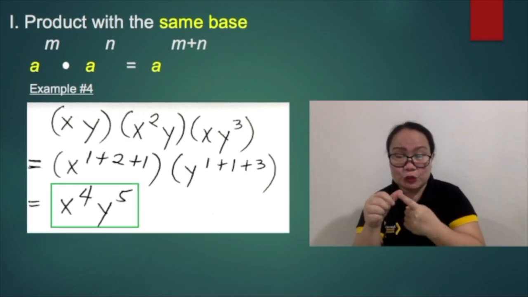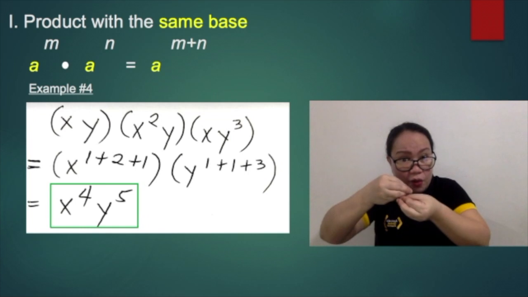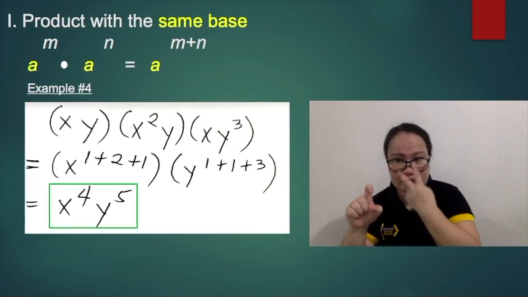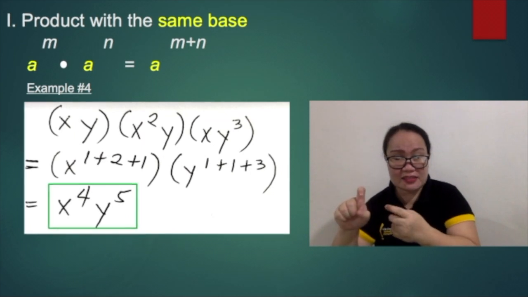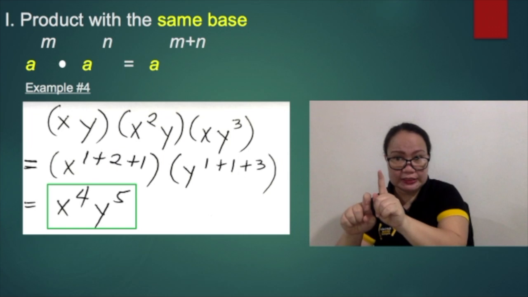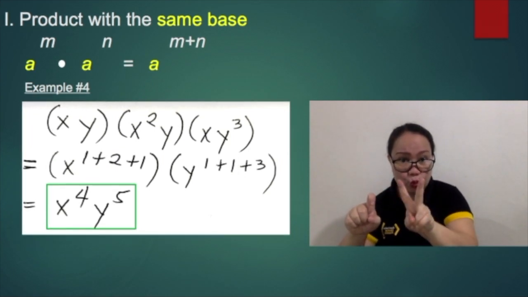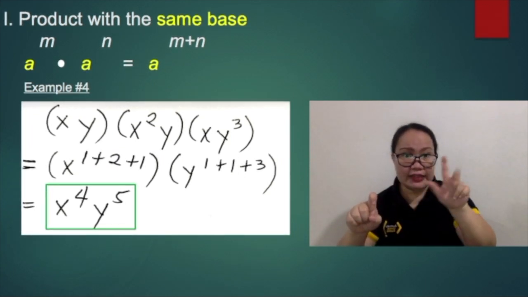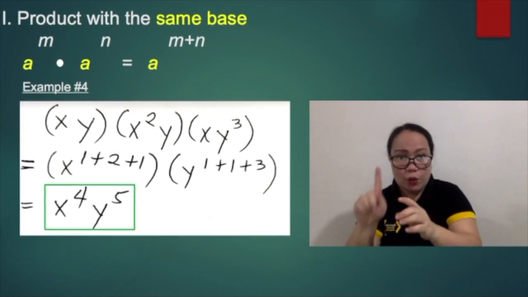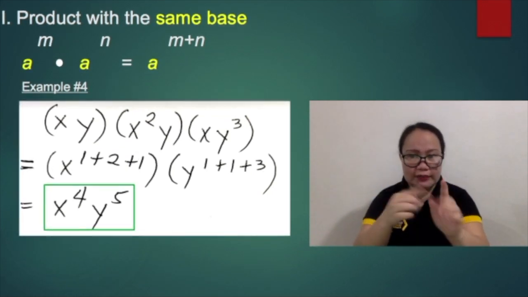First, you have to add all the exponents of x. So x, the first term, has 1 exponent. The second is 2. And the third has 1. So simply add 1 plus 2 plus 1.